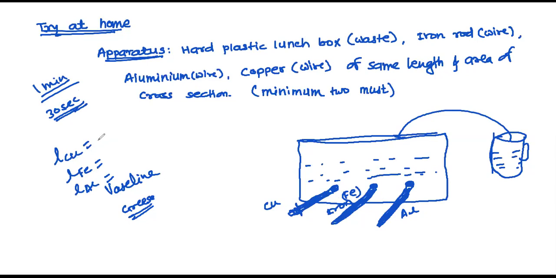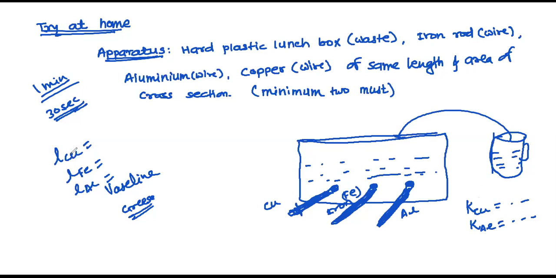Got it? And then what you do, from the internet, the K of Cu or K of Al, write it down once. Just write down here the thermal conductivity of copper and thermal conductivity of aluminum, note down this.